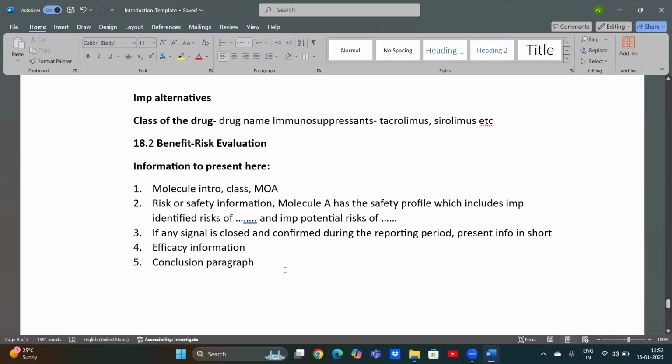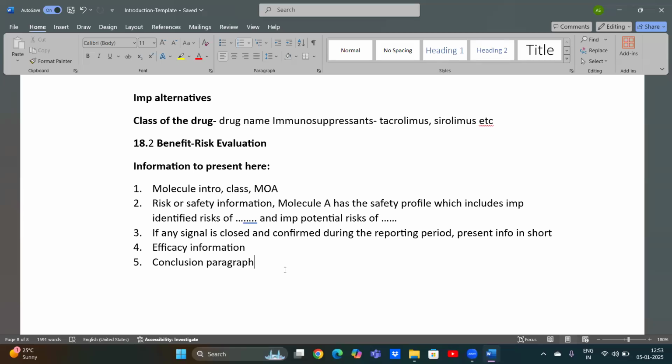So now you have presented the safety information. Now you have presented the benefit section, 17 onwards. You have presented the efficacy information. Everything is there. If something is adding up in the efficacy information, it is also beneficial for you. There is no change in the benefit risk impact, meaning the risk is not changing.